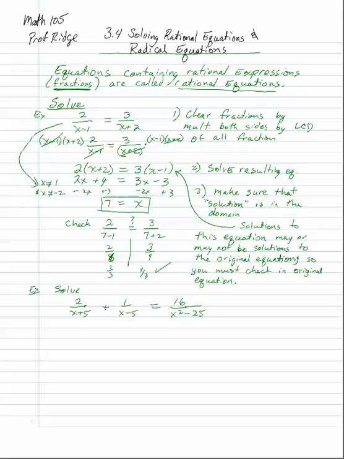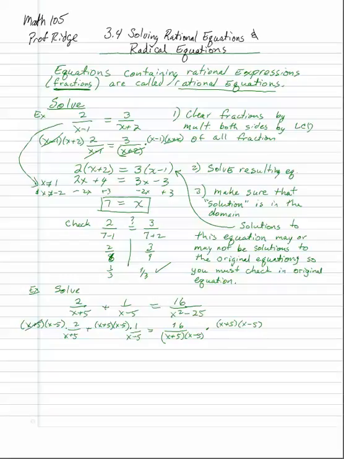Okay, let's try another one. The LCD is going to be x plus 5, x minus 5. So if I were to factor this, x plus 5, x minus 5. So the LCD is x plus 5, x minus 5, and I'm going to distribute it.